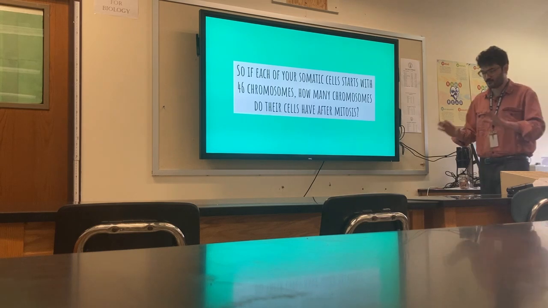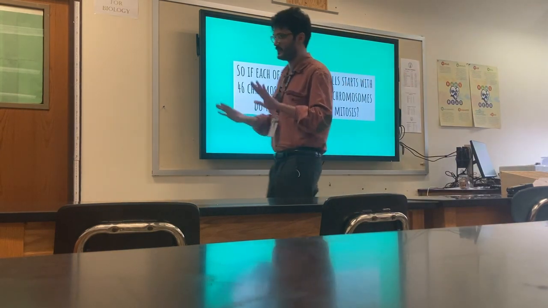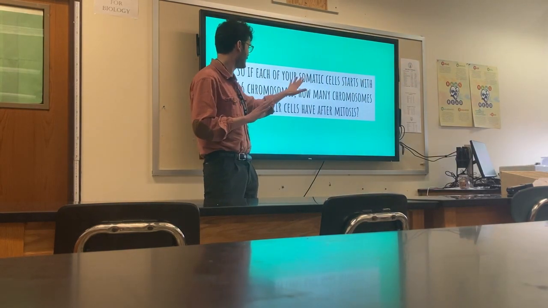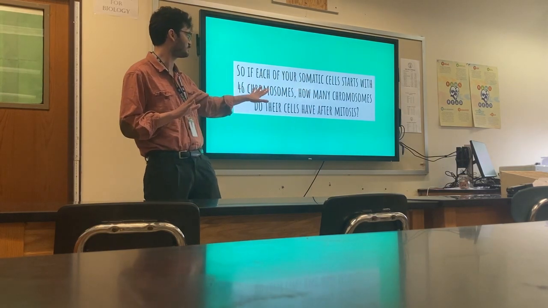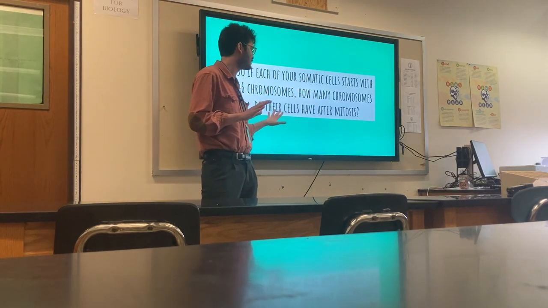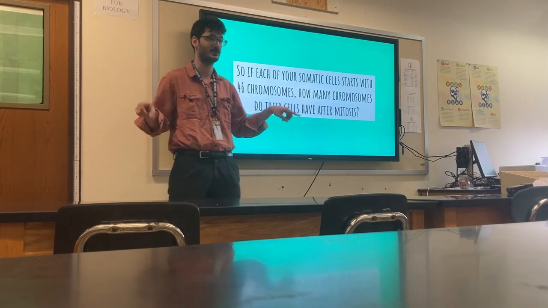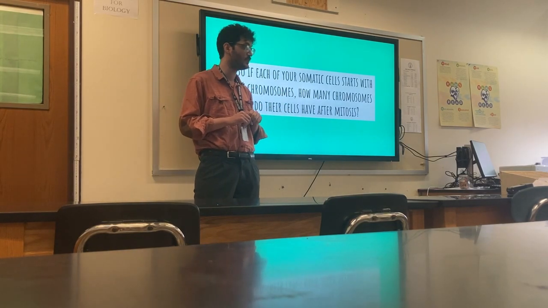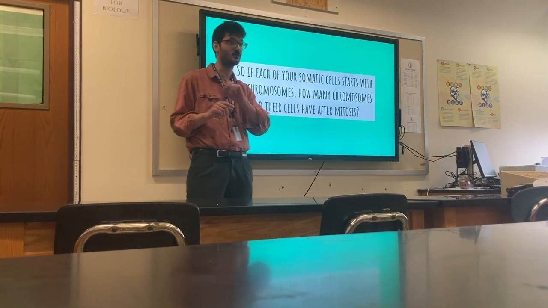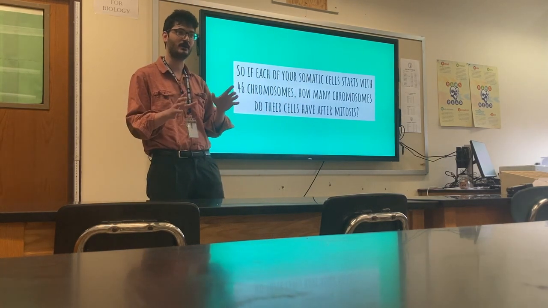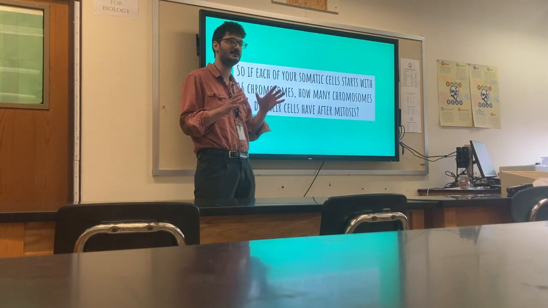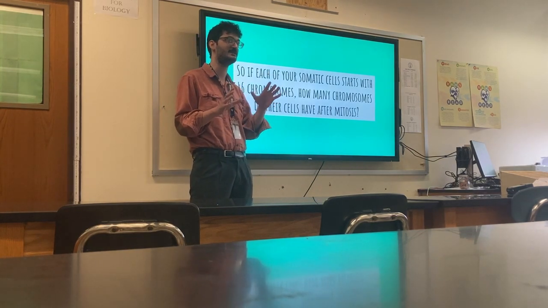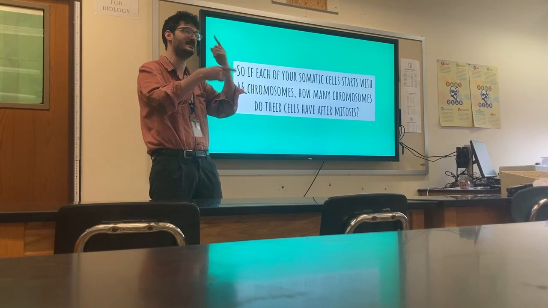Now, before we move on, I just want to ask one thing. If each of your somatic cells starts with 46 chromosomes, how many chromosomes do each of the cells have after mitosis, after cell division? 23. So, a lot of students would say 23, but we have to remember that mitosis doesn't begin until you've doubled the amount of DNA.